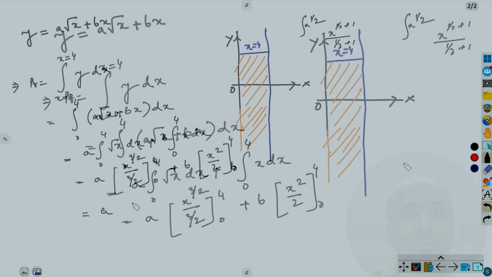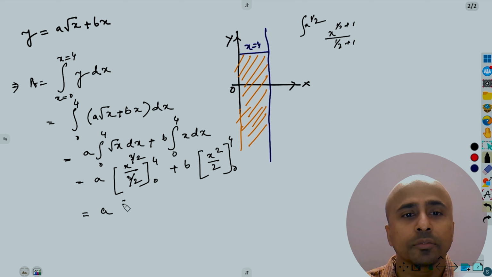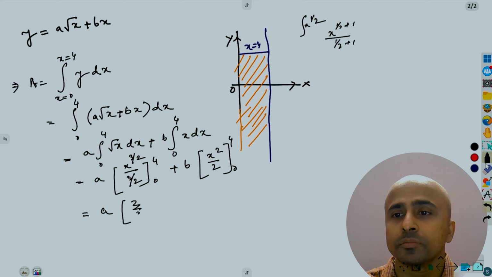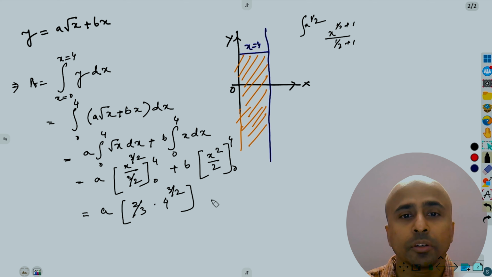If we simplify this, this is 2 by 3 times 4 to the power 3 by 2, plus b times 4 square by 2, because the lower limit is 0, so you don't bother about that.